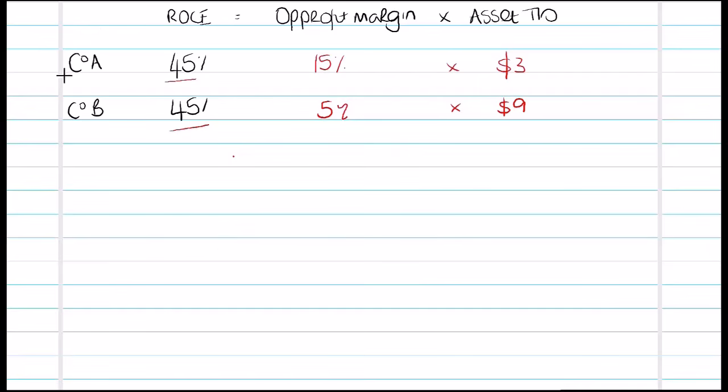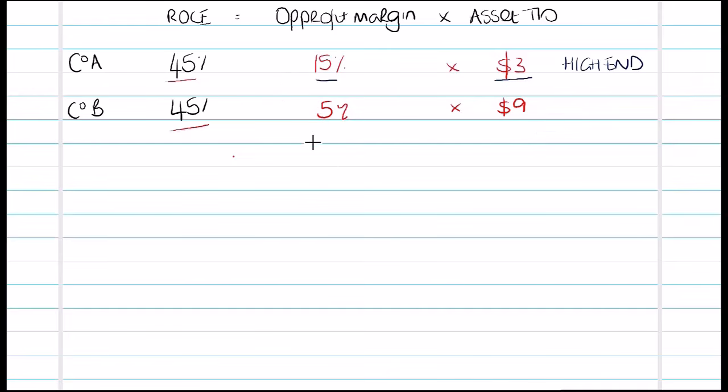Now, if you think of both of these companies in the context of retail, let's say fashion retail, then company A is making higher margins, but obviously has a lot less revenue for its assets. So that is probably more of a high-end retailer, maybe located in a really nice city centre location. That's why it doesn't make much revenue for its assets, because the asset value is so high, but it can charge the higher margins.